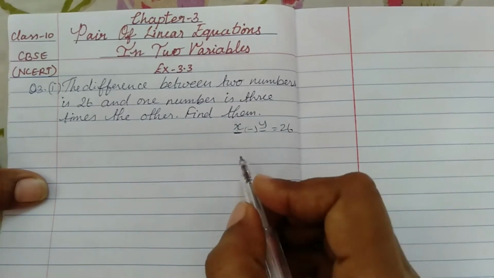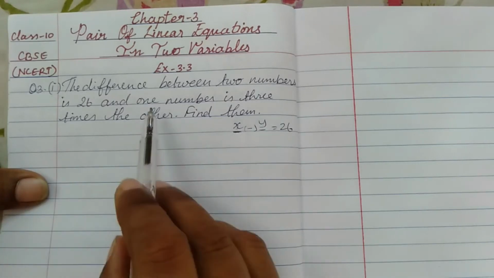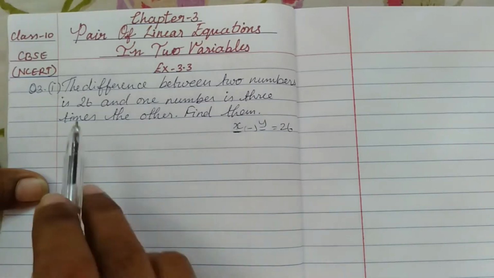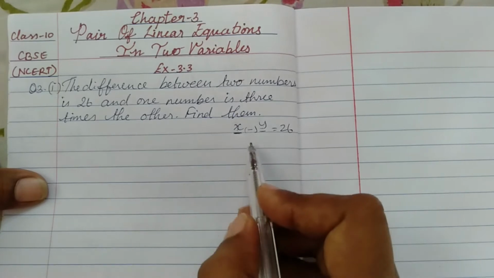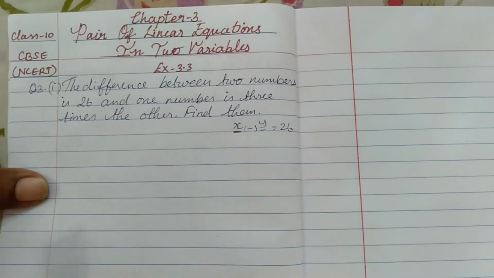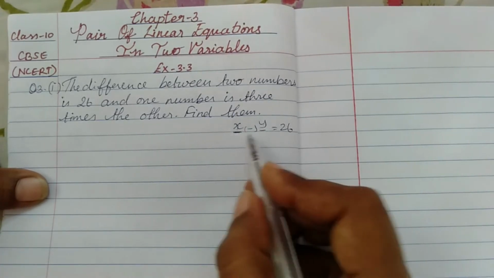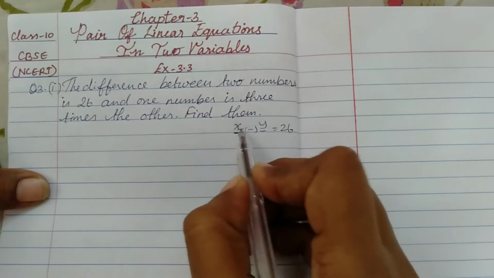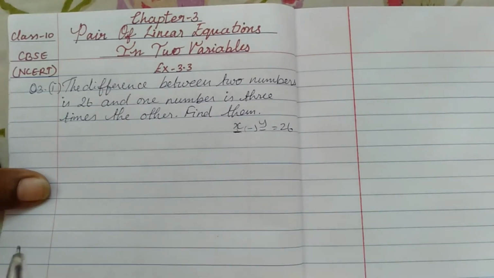Okay, but there is also one more thing given, that one number is 3 times the other, which means that both the numbers are not equal. So here one is a greater number and one is a lesser number. So let's assume that x is greater and y is lesser.